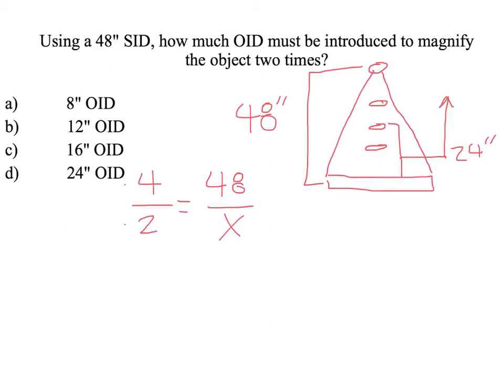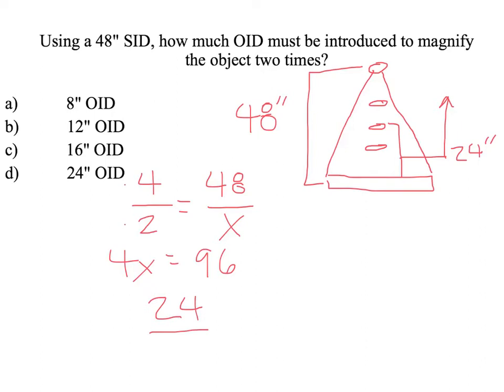So let me turn my calculator on. We're going to say 4x equals 2 times 48, 96, right? 96 divided by 4 equals 24, right? So that is our source to object distance now.